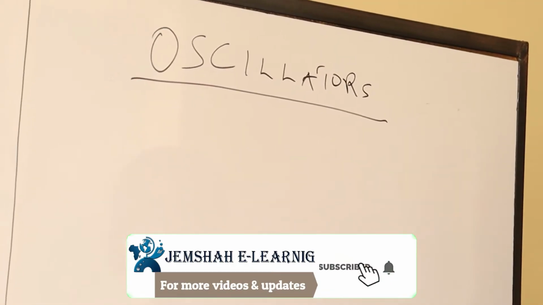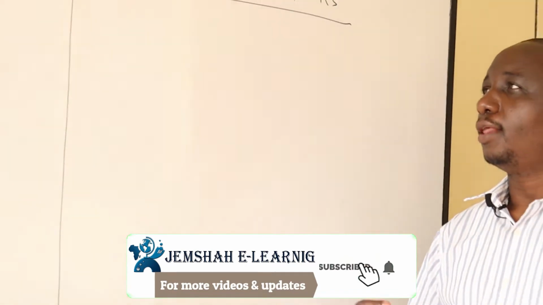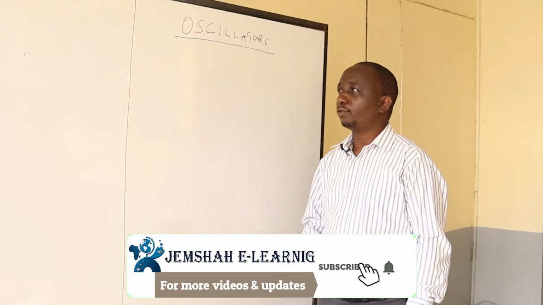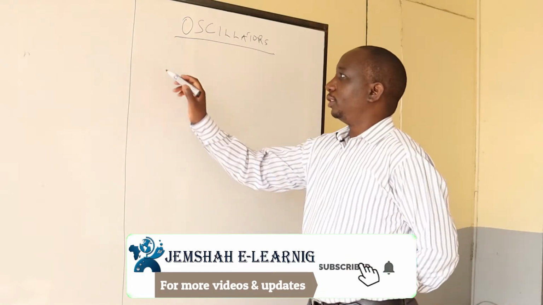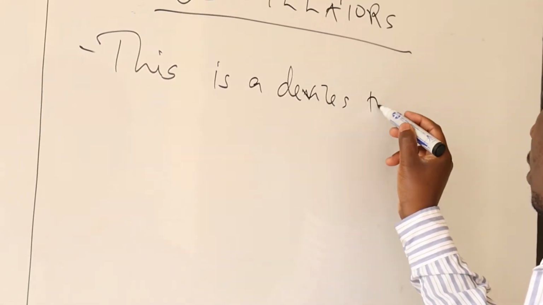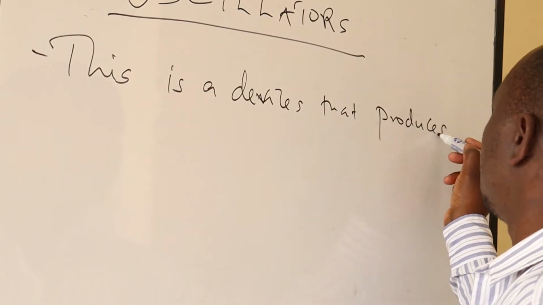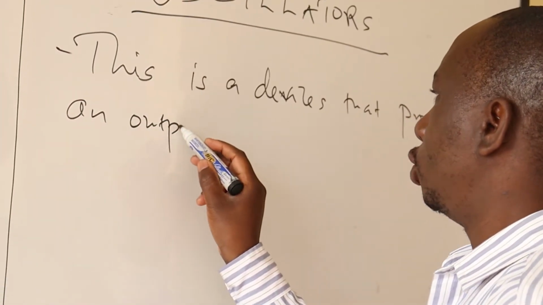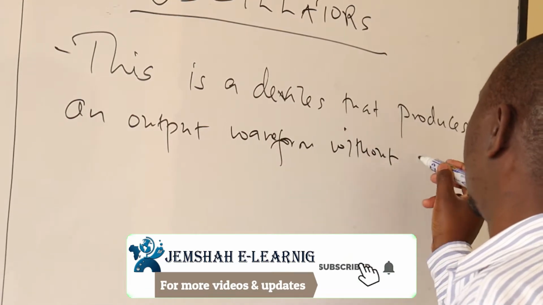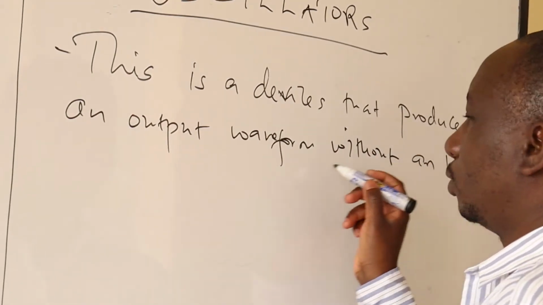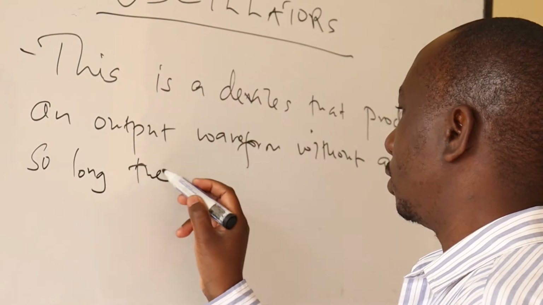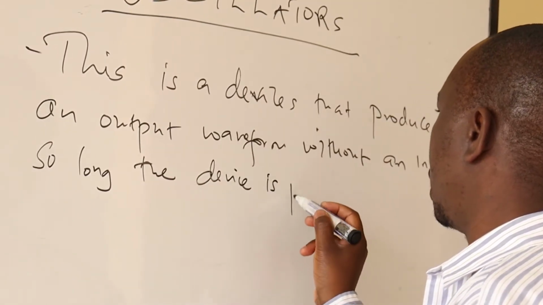An oscillator is a device that produces an output waveform without an input, so long as the device is powered. It's not only required that it just gets powered; once it gets powered, it's going to give us what we refer to as an output waveform.